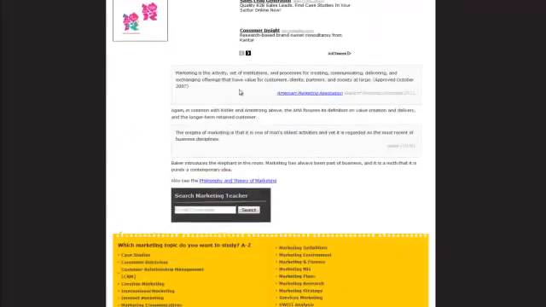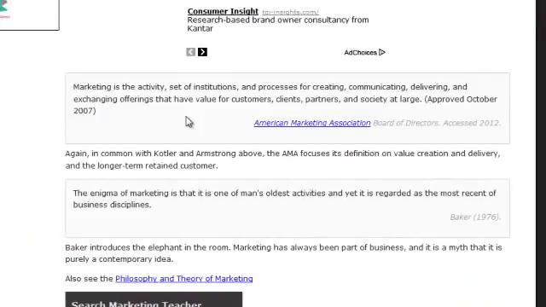Finally, but by no means least, the American Marketing Association, again, recognises that marketing is an activity along the same lines as process. Delivering and exchange. Again, we spoke about exchange, offerings and value, which we've come across again.